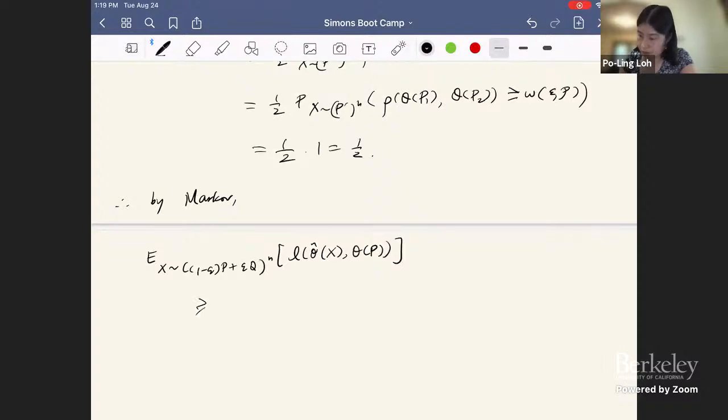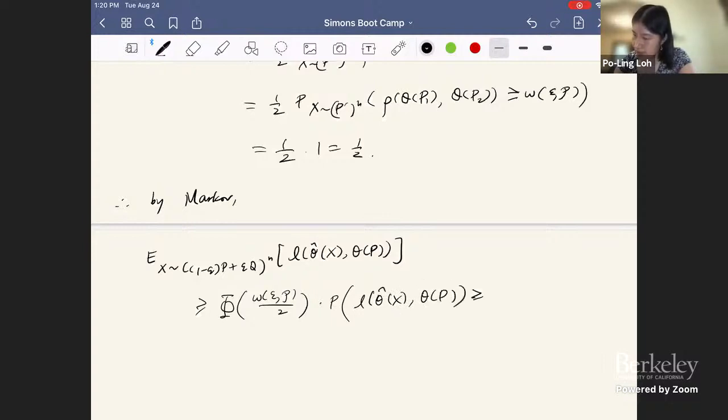This is bigger than or equal to, so with Markov's inequality I can put in whatever I want, and I'll put in this, times the probability that L of theta hat of X, theta of P is at least phi of omega of epsilon P over 2. And I'm not going to write down what the probability is taken with respect to, but it's the same thing.